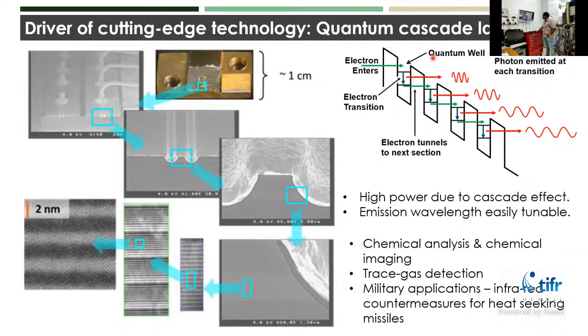What's happening here is that the electron is hopping from the higher level to the lower level, emitting a photon. But because this well is narrow enough, the electron can tunnel to the next well and again emit another photon, and so on and so forth. And this is the cascading effect that is being used to generate very high power lasers.